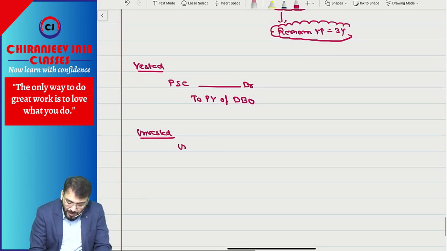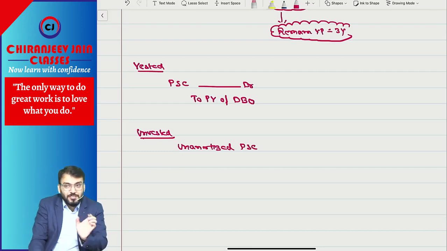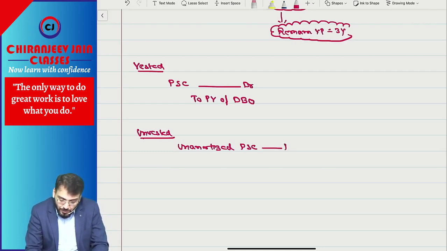We'll say unamortized past service cost, which will be amortized in the remaining vesting period. We will first create one account, unamortized past service cost account, to present value of DBO.